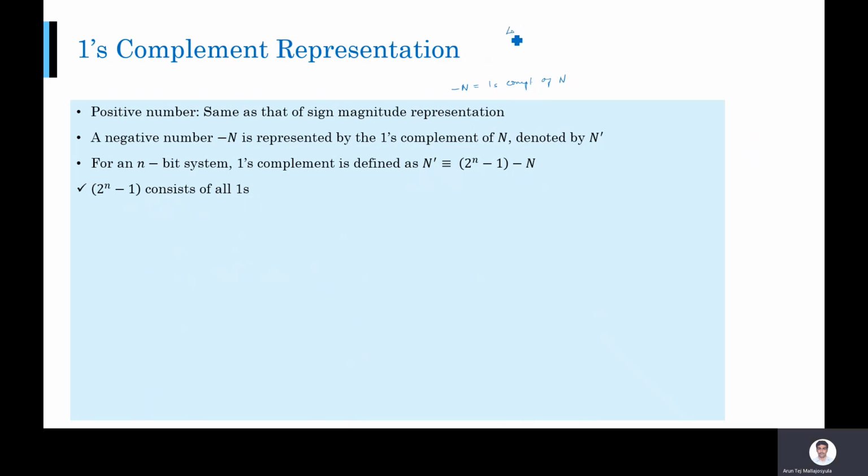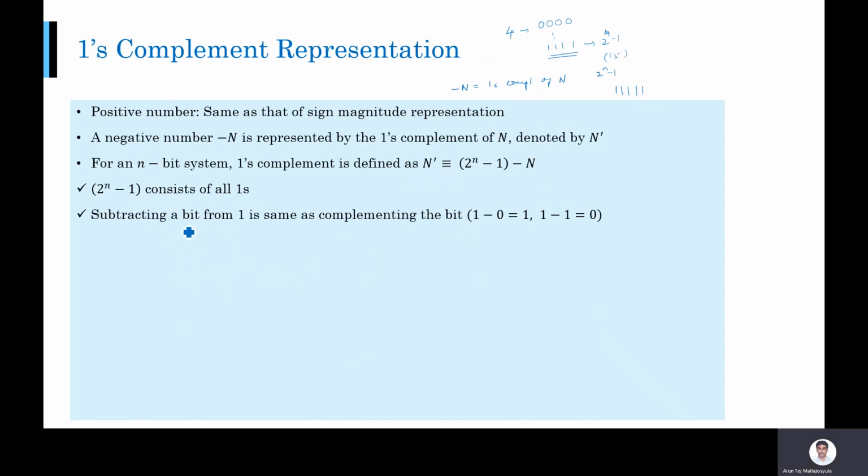So for example, if you take a 4-bit system, if you are looking at positive numbers, it will be from 0 0 0 0 to 1 1 1 1, right? So what is this 1 1 1 1? 2 to the power of 4 minus 1, right? 15, right? So when you take 2 to the power of n minus 1, you will have all 1, like here. Okay, so 2 to the power of n minus 1 consists of all 1.